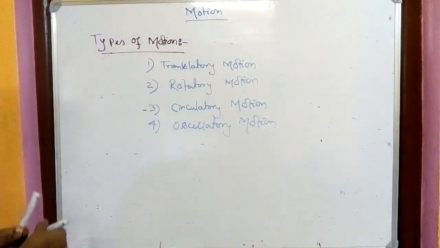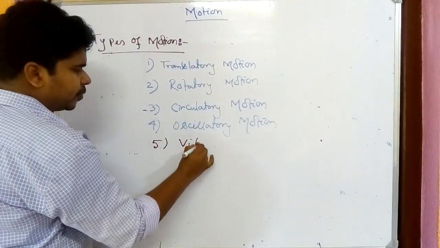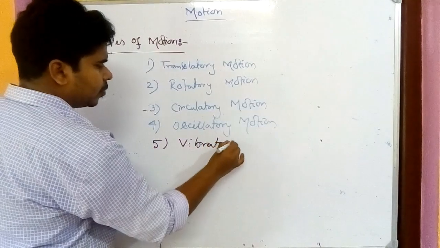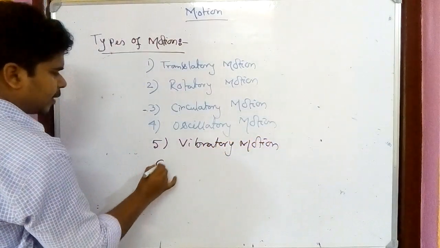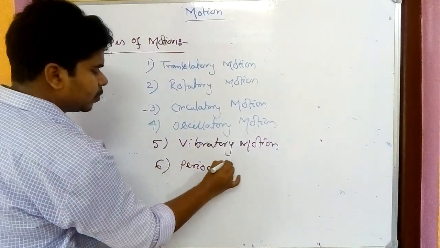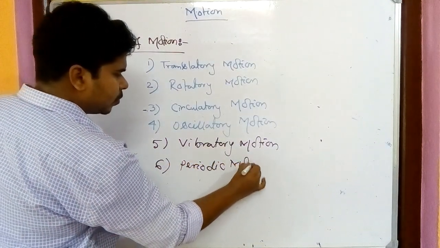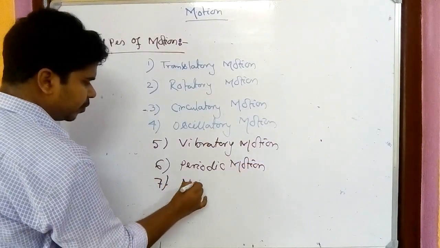Number 5, vibratory motion. Number 6, periodic motion. Number 7, non-periodic motion.